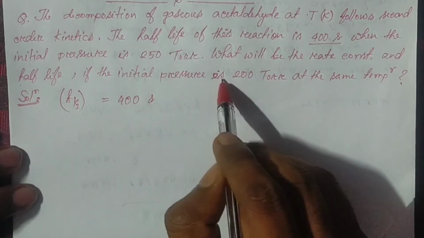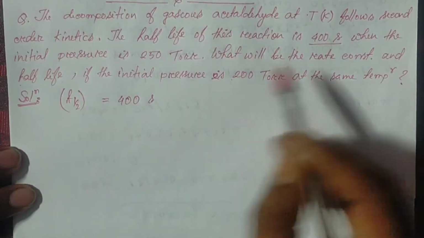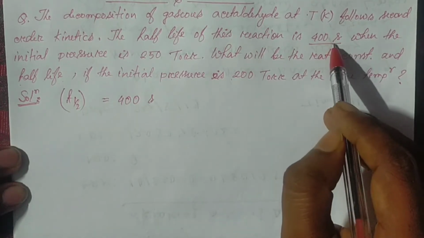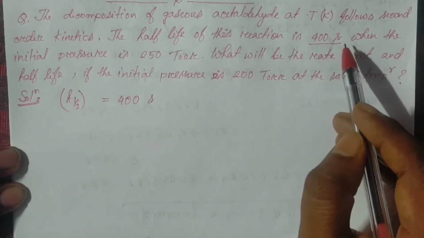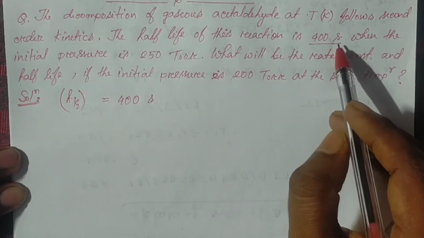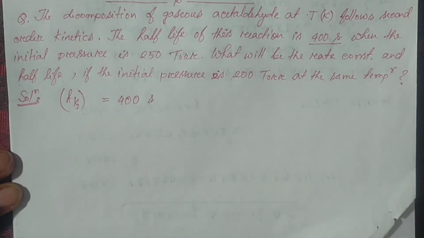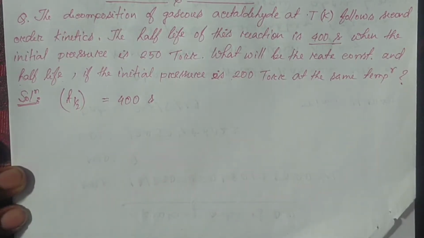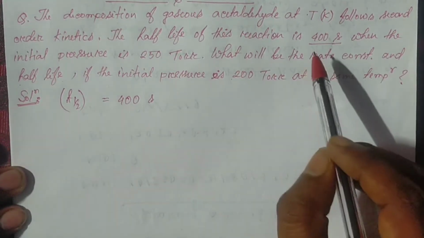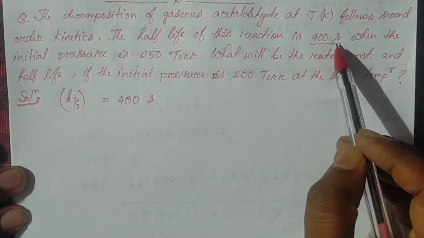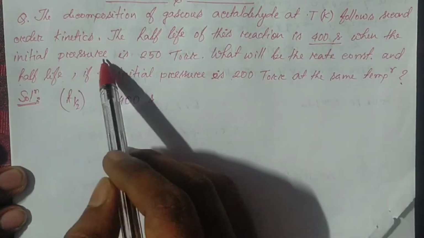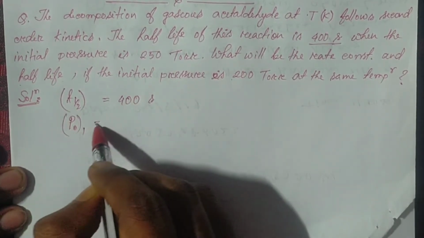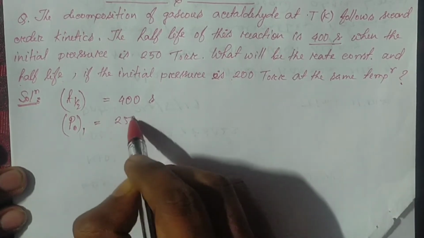So in this case, when half-life is 400 seconds, at that time initial pressure is 250 torr.